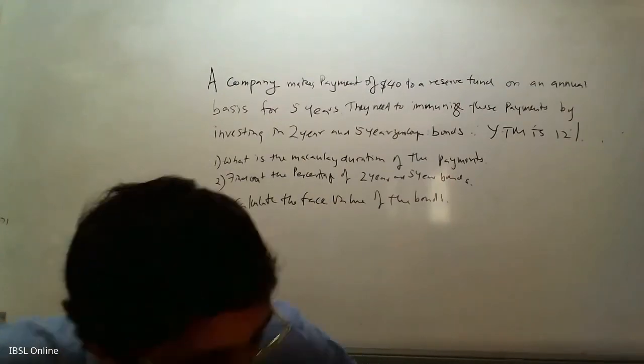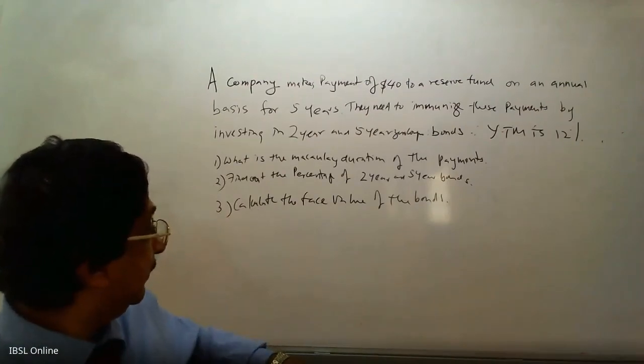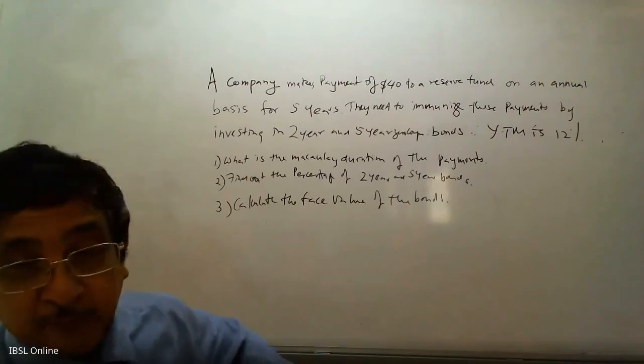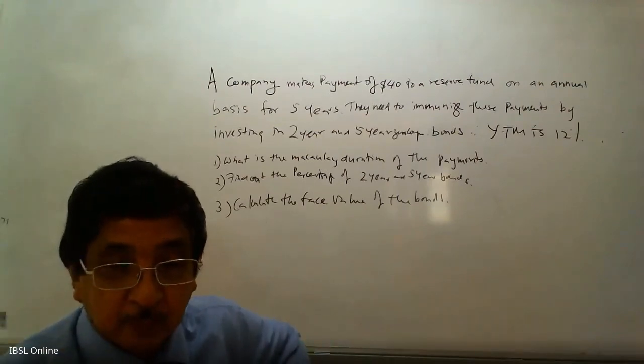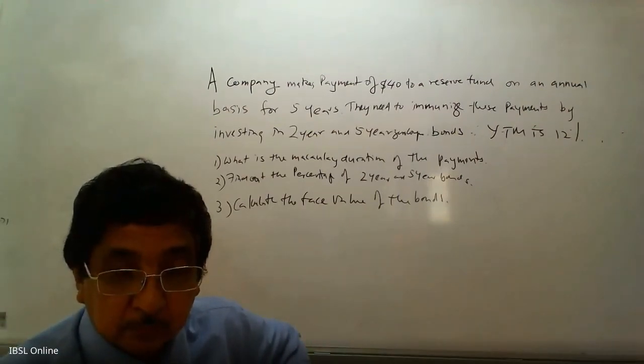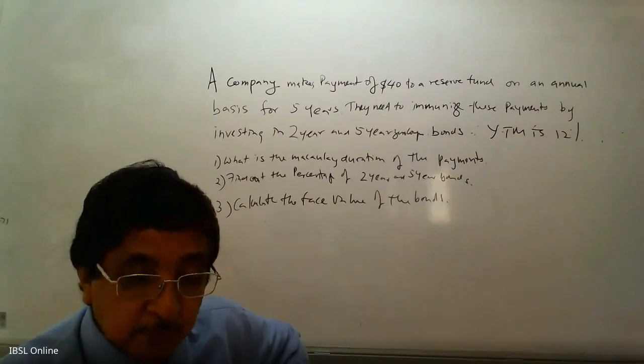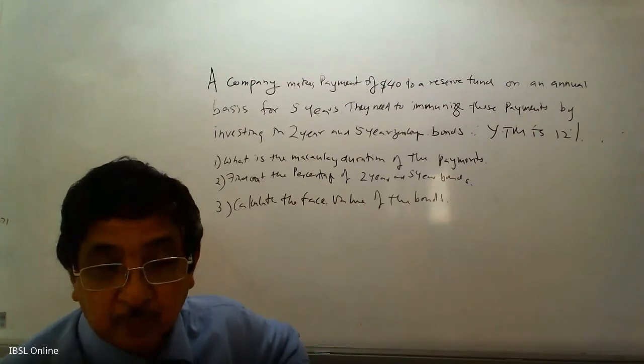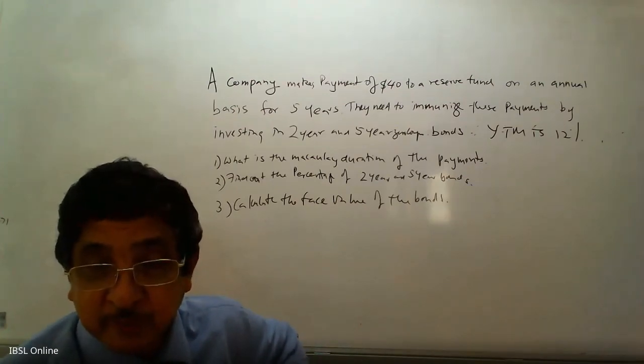So the next one. How are we going to calculate the next one? The face value of the bonds. In order to do that, you need to have the total present value of the cash flows which the company has paid.